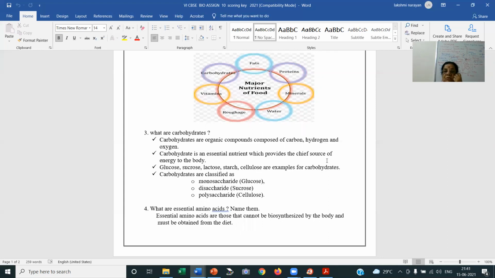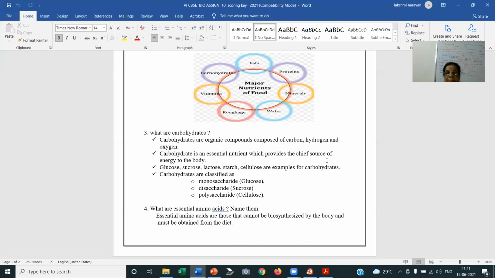These carbohydrates are further classified into monosaccharides, example glucose, which has only a simple sugar; disaccharides, example sucrose; and polysaccharides, example cellulose. I repeat, monosaccharide, disaccharide, and polysaccharide.